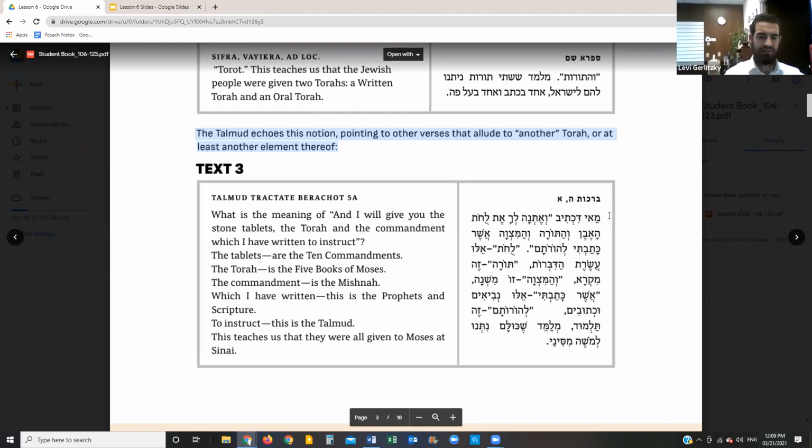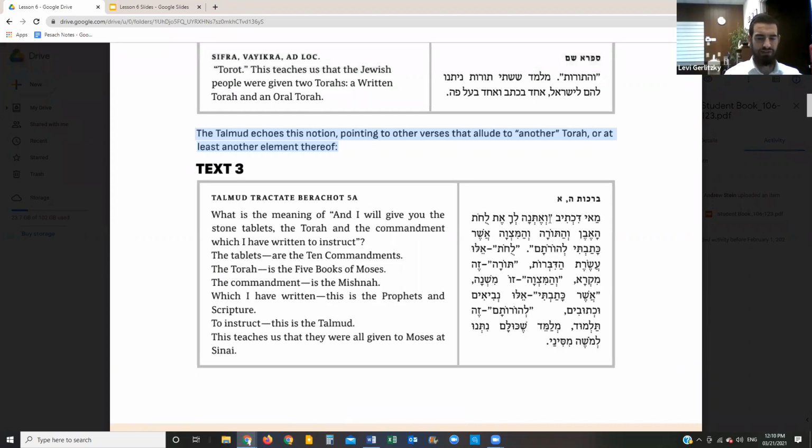Very good. So again, the Talmud over here is dissecting a verse, which Moses says from God, I gave you the tablets, I gave you the Torah and the commandments, which I have written down to instruct you. So the Talmud explains, why does it refer to this as multiple things that God gave?